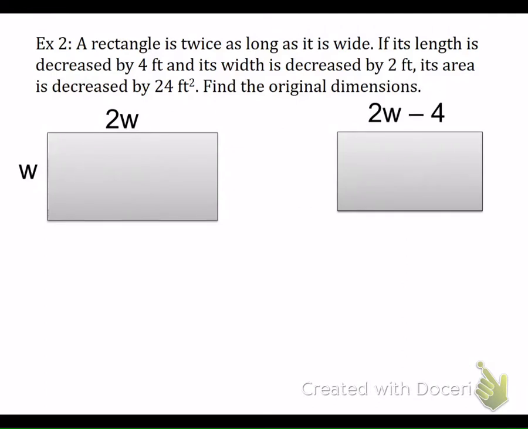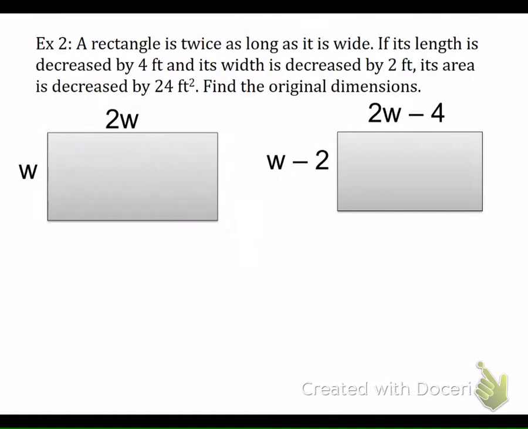And the width is decreased by 2. So how am I going to write the new width? W minus 2. Good. Now, I'm going to set up a similar equation that I did last time. Only now, what am I doing to the original area?